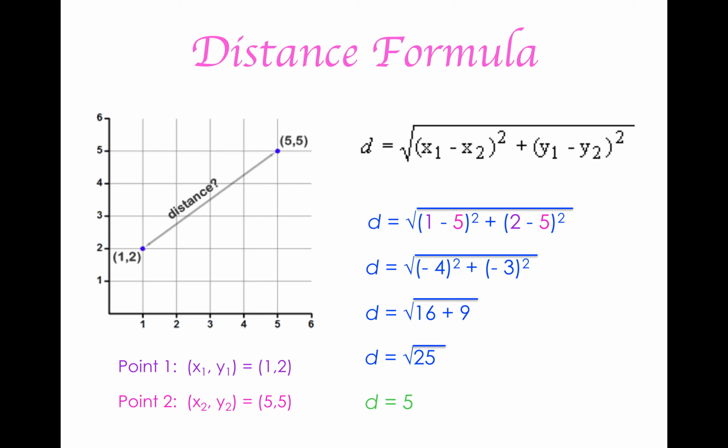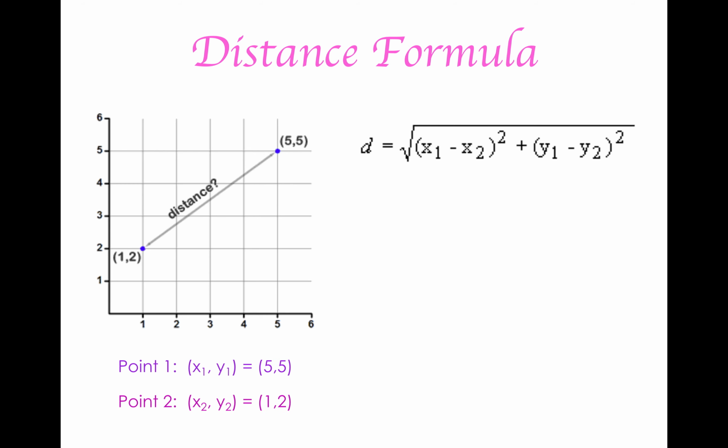Now, I had said to you, don't worry if you don't remember which point is point 1 and which one is point 2, or maybe you had the formula backwards, x sub 2 minus x sub 1. In this particular example, I said, let's switch them out. X sub 1 and y sub 1 is the top number, my 5, 5, that ordered pair.